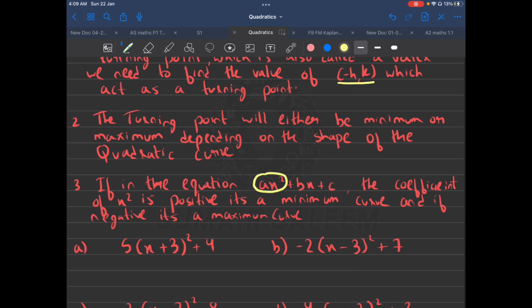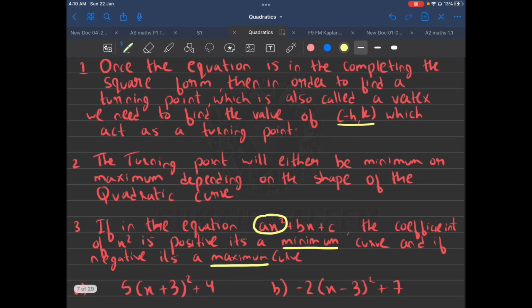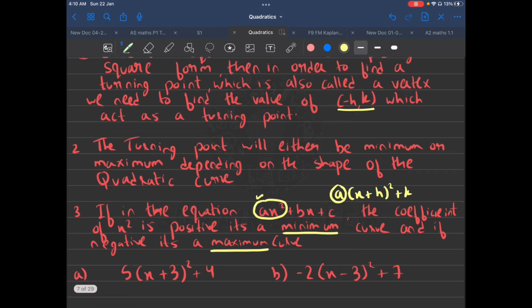If A is positive, that means it's a minimum curve. And if A is negative, that means it's a maximum curve. You can see by this, or you can also take this A in the completing the square form. If this A is positive, that means it's a minimum curve. And if it's negative, that means it's a maximum.